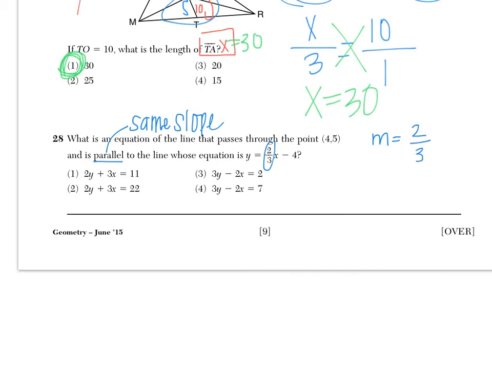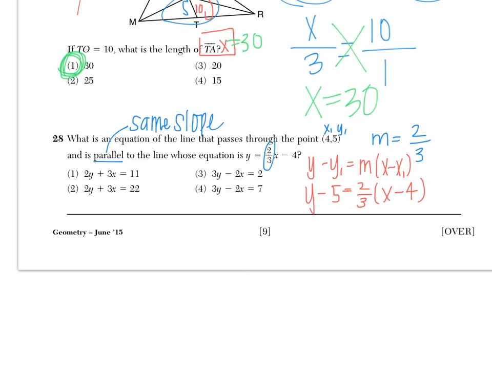And then we have the point 4, 5, which will be my x1, y1. So before I even look at my answer choices, I'm actually going to write my equation right now, plugging into that point slope formula that we've talked about before. Y minus y1 equals m times x minus x1. So we have y minus 5 equals 2/3 times x minus 4.